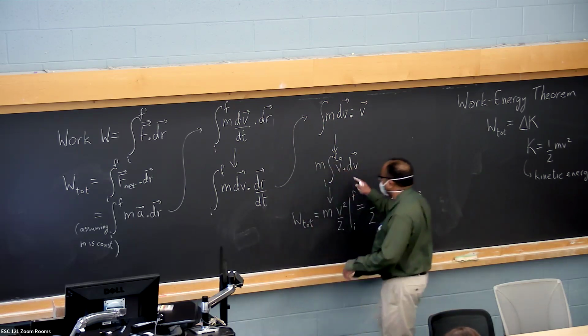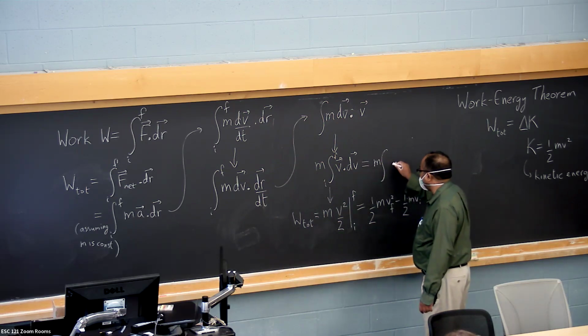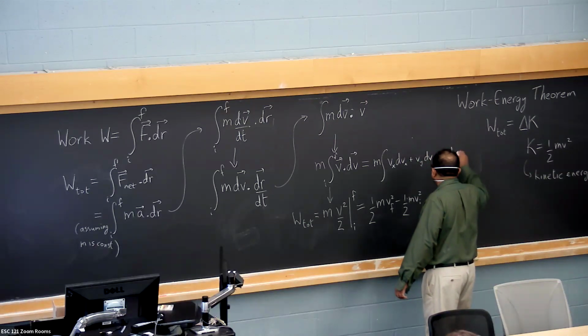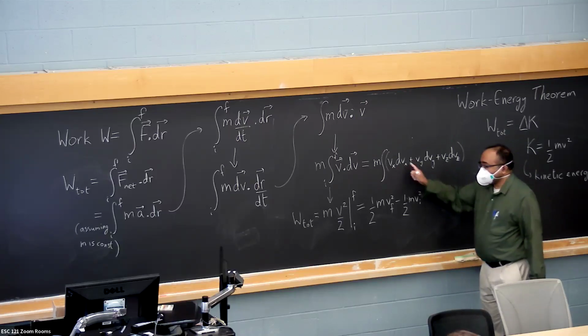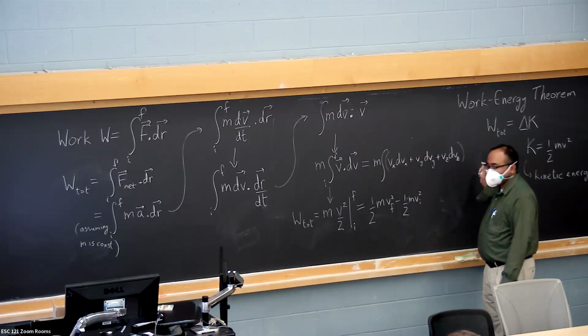Good question. Well, actually, you can expand this out. And so then this would be m times vx dvx plus vy dvy plus vz dvz. So each of these would become vx squared over 2 plus vy squared over 2 plus vz squared over 2.